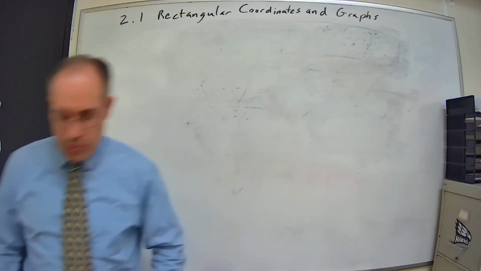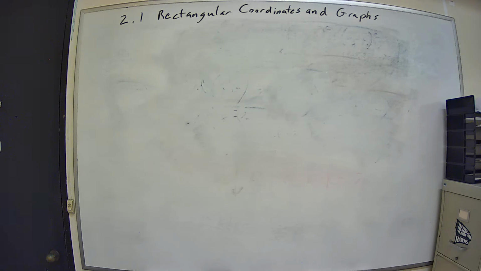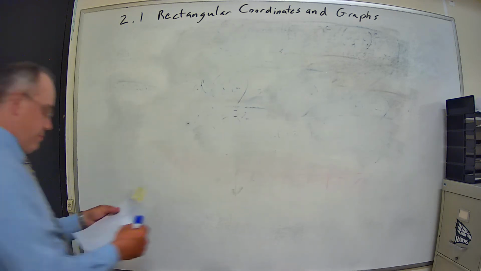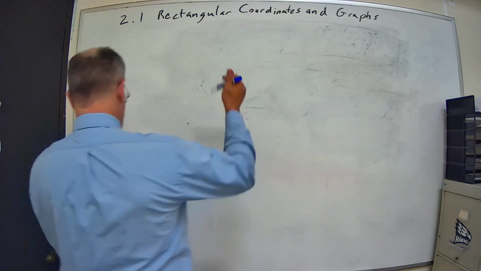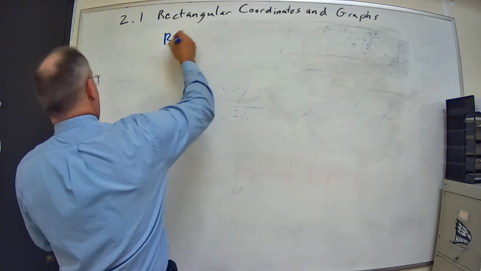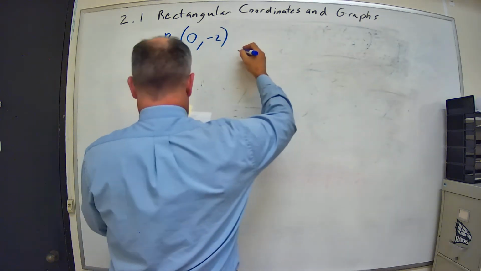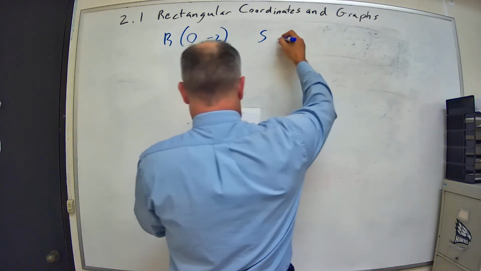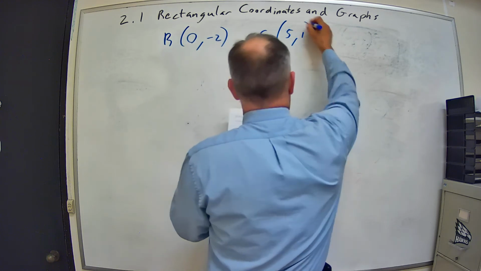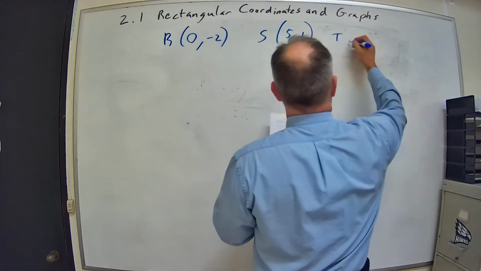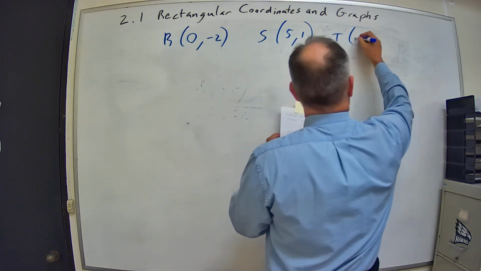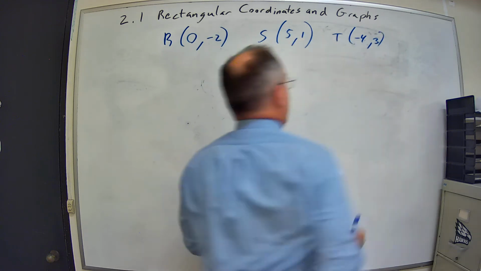So let me grab those 3 points. R is the point 0, -2. S is the point 5, 1. And T is the point -4, 3.